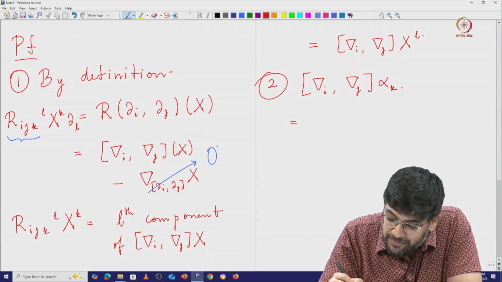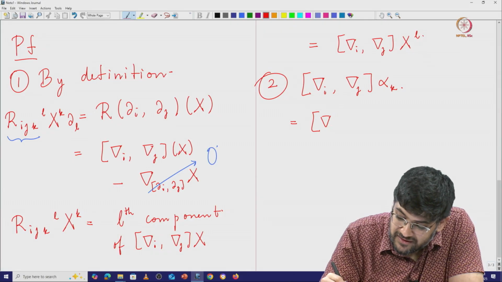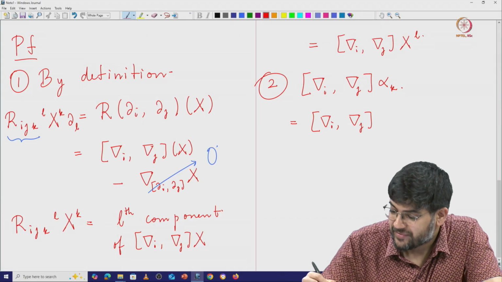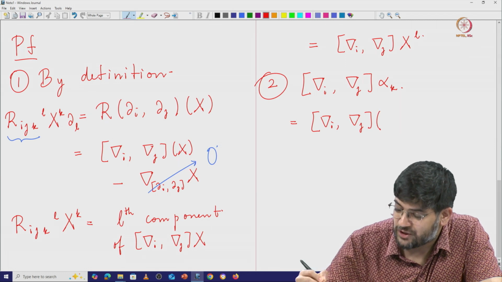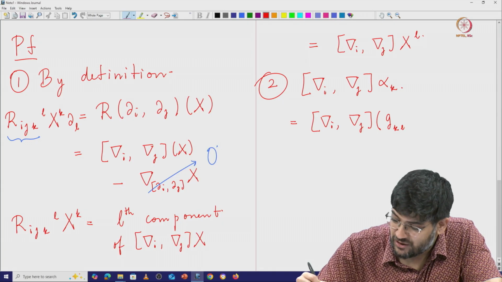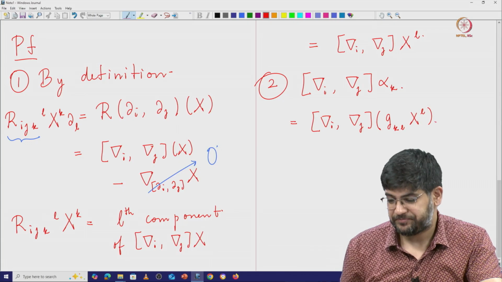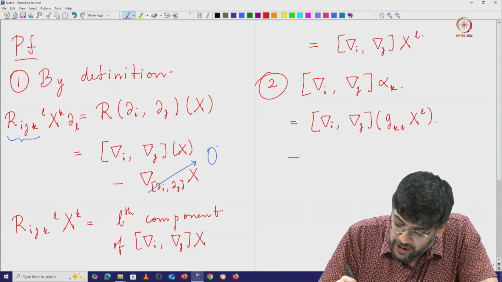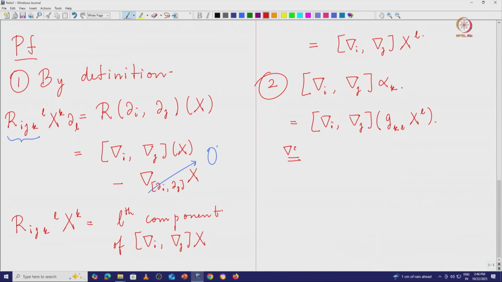So this is the same as this applied to g_kl X^l.